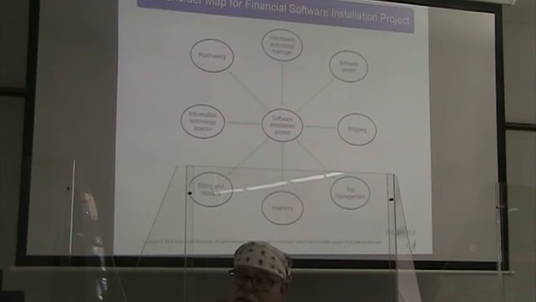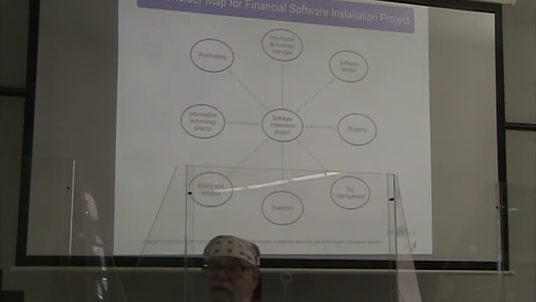The vendor of the software obviously has a big stake, because they not only want to sell this software, they want to be able to point to this as a success when they're talking to other people about buying the software.